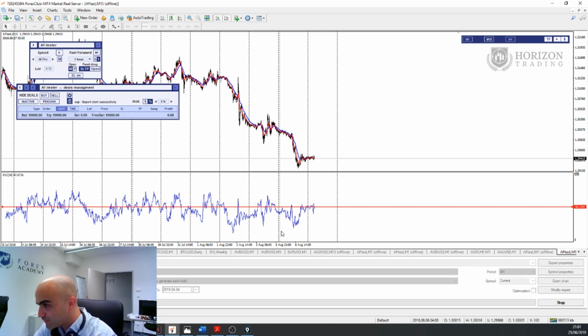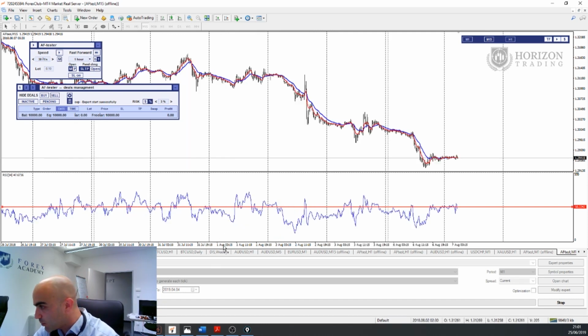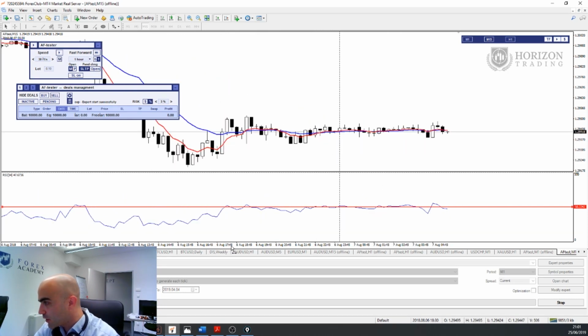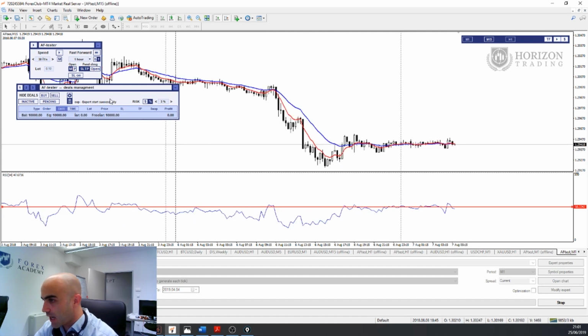And I believe this one is going to keep going. But let's zoom in closer as before, so maybe we can actually see how the market is behaving in this situation.